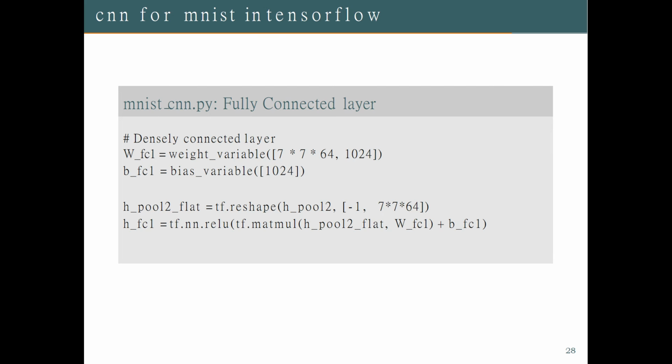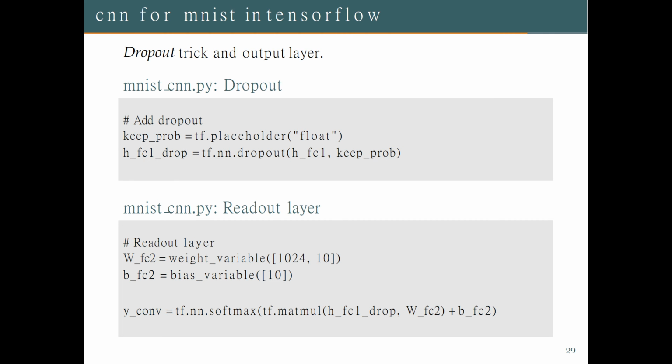Now we will get a fully connected layer with weight variable W_fc1 of 7 by 7 by 64, 1024, and b_fc1 equal to bias_variable of 1024. So it will reshape initially and call the rectified linear unit activation function by matrix multiplying h_pool2 with W_fc1 and adding b_fc1.